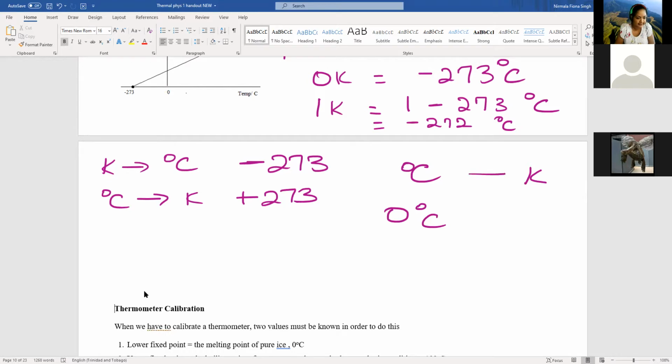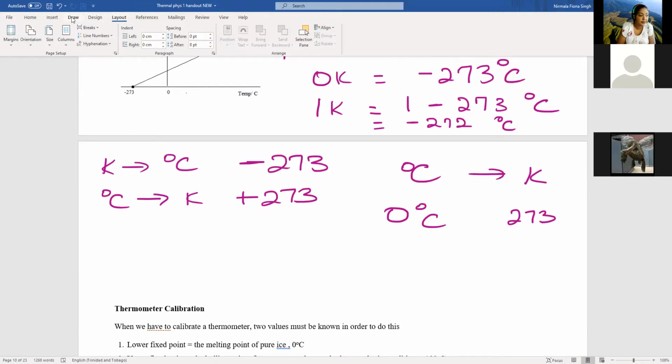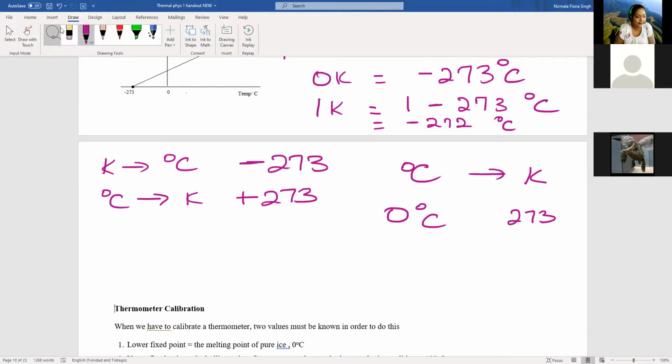We're going from Celsius to Kelvin. 273. Anytime we have to convert, we're not multiplying anything. All we're doing is just adding a number when we're converting from Celsius to Kelvin. And when we're converting from Kelvin to Celsius, we're just subtracting a number. That is all. Add and subtract. One is the reverse of the next.